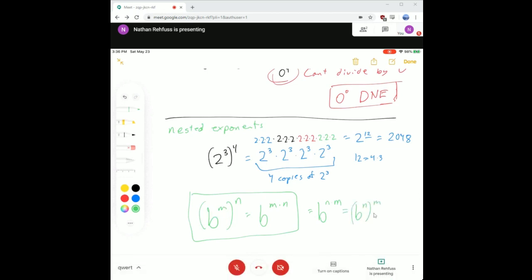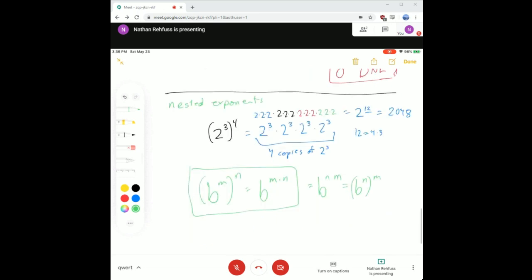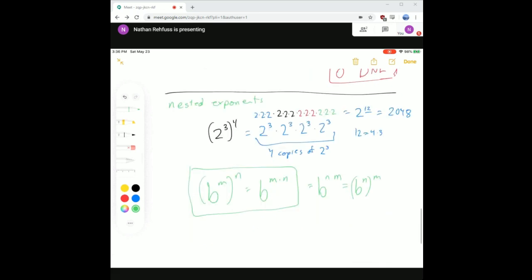So whenever you have nested exponents, you can change their order if it's convenient. So instead of writing 2 to the 3 to the 4 here, this is going to be the same as 2 to the 4 to the 3. We'll see a couple of examples later this semester where this property is incredibly convenient. So that's called the nested exponents property.